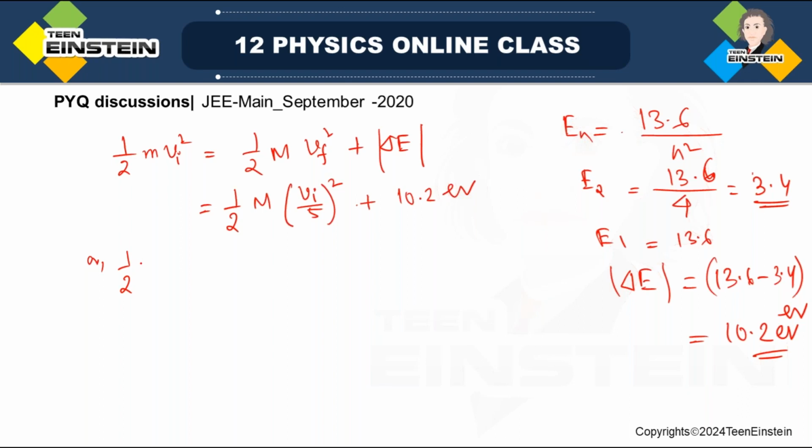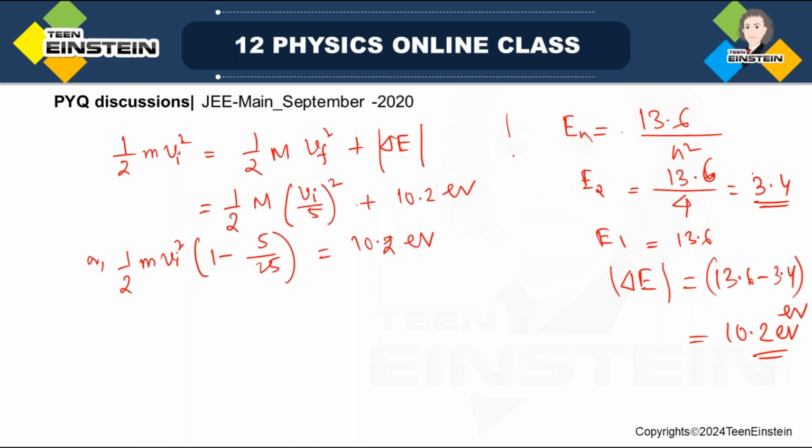So I have half m vi square, I'll keep it like this. If I bring here 1 minus, this is 5 m, I have taken common, so 5 divided by 25. Okay, this is 1 over 5, right? So this will be 10.2.